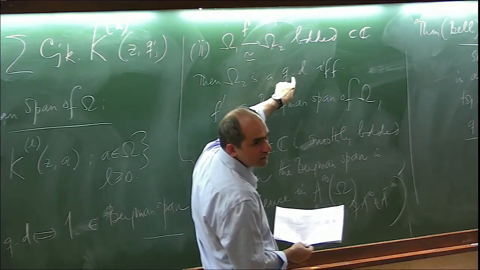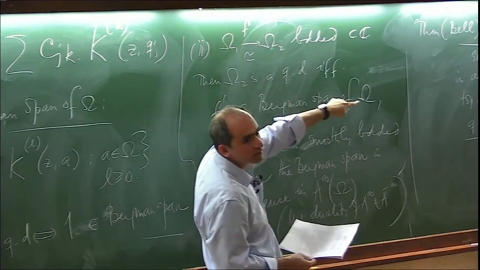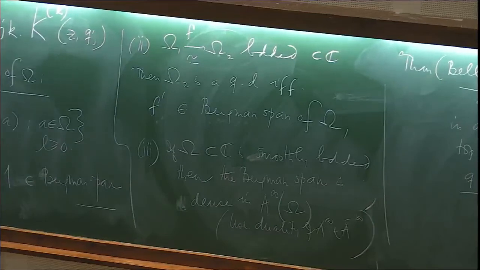And this happens if and only if I can arrange for the derivative of this to belong to the Bergman span of omega 1. So that's the crux of the problem. I have to find an F close to the identity whose derivative belongs to the Bergman span.